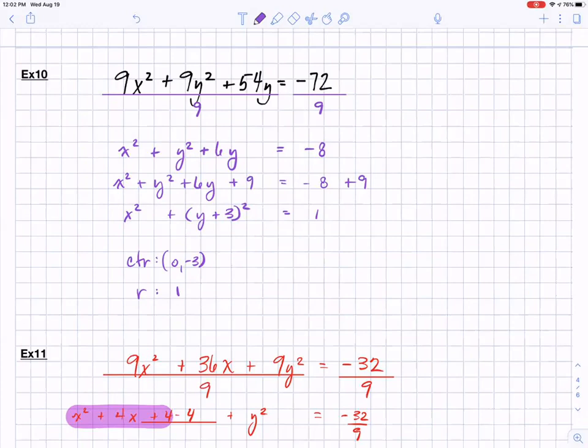Let's look at, where's your first one? See how the center is at negative?